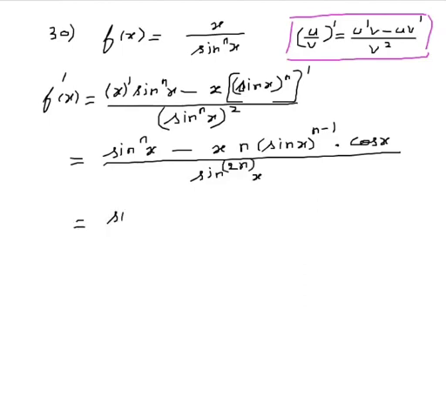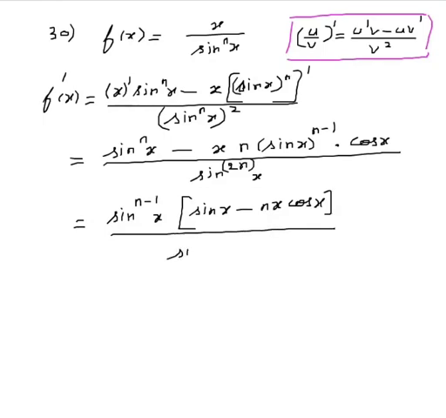In the numerator we have sine power n minus 1x common. We get sin x from the first term and nx cos x from the second term, divided by sine raised to 2nx.